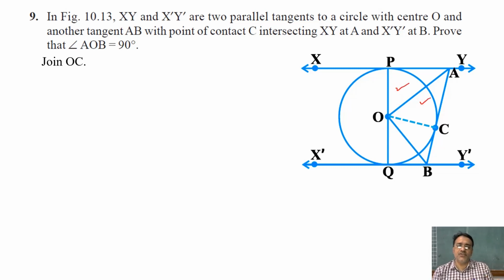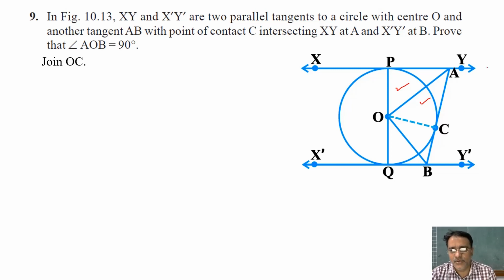We can do this in two ways. We can use either theorem 10.1. If we are using theorem 10.1, we can prove it by RHS congruence rule. If we are using theorem 10.2, we can prove it by SSS congruence rule. I feel SSS is easier to identify than RHS.